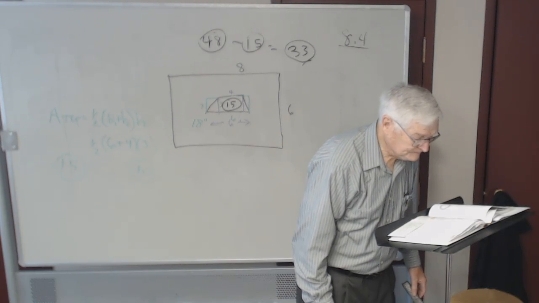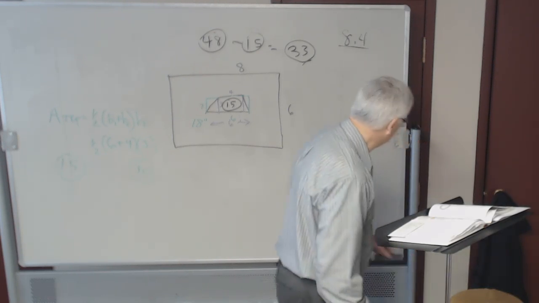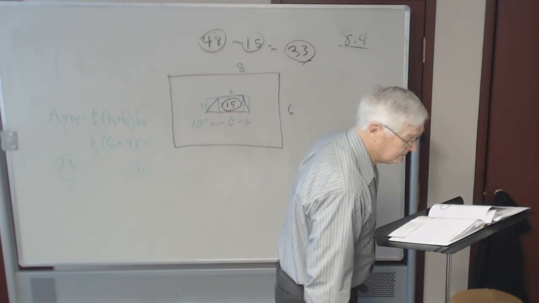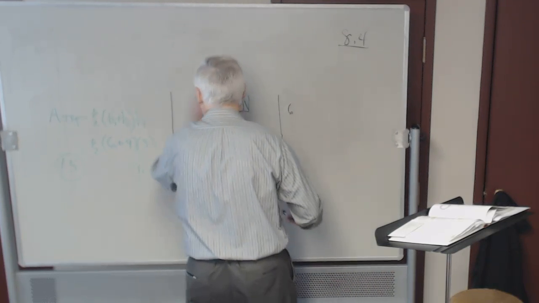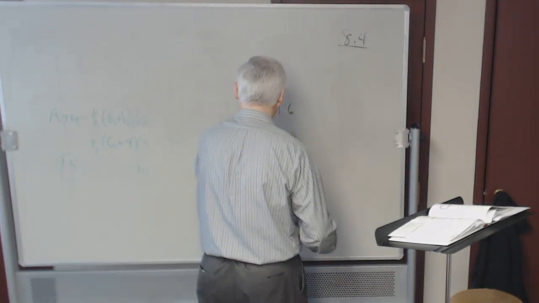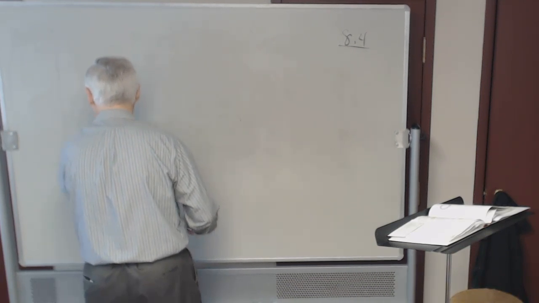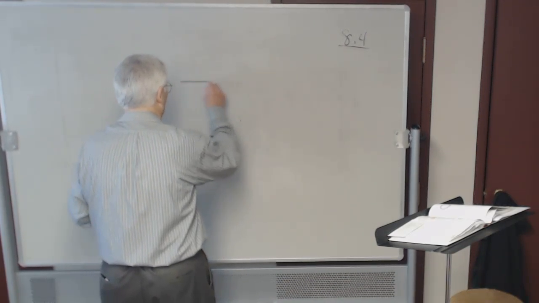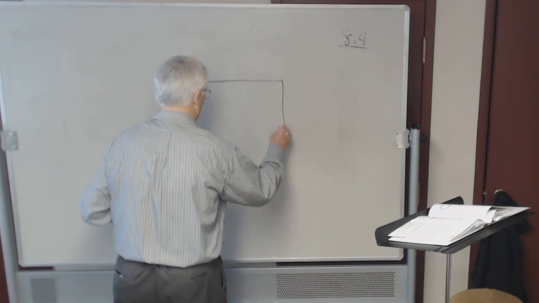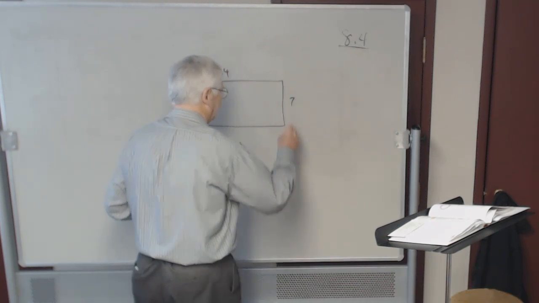Number 18. A rectangle is 24 centimeters long and 7 centimeters wide. And 7.